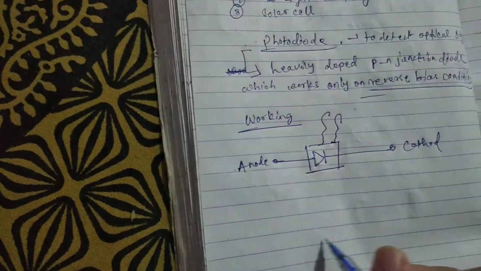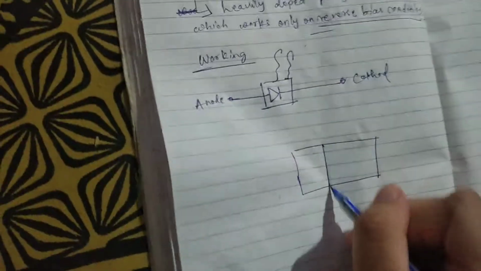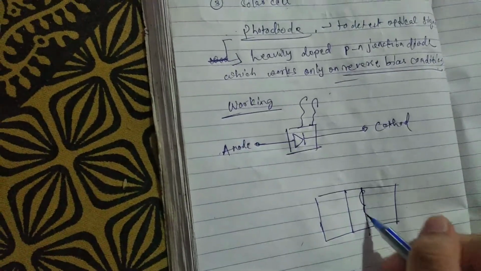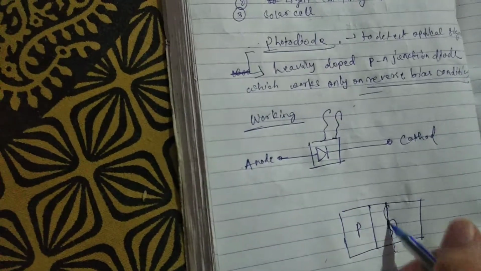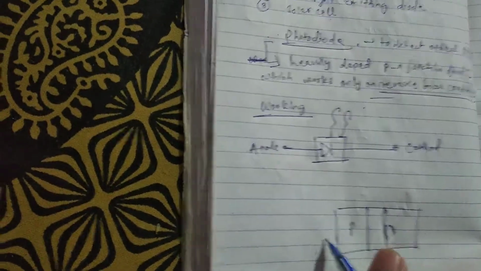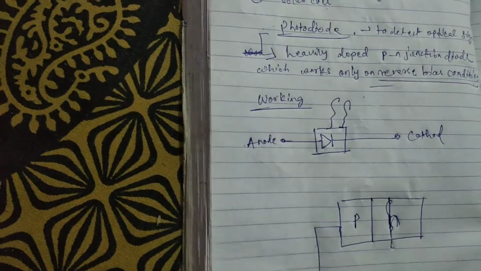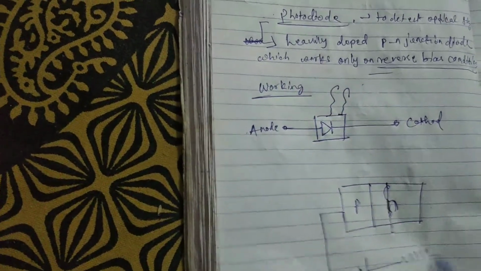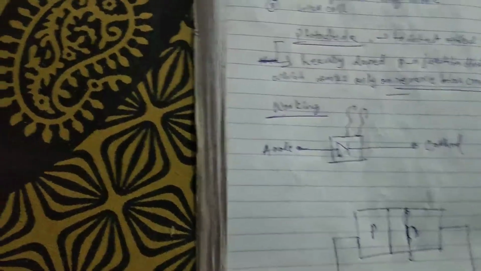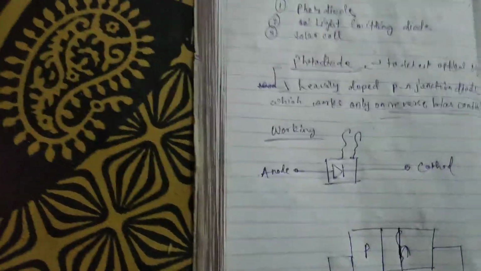Its circuit is, this is a PN junction, and since it is reverse biased, this is negative and this is positive, and here I connect a load resistor to detect the current. This is the circuit diagram and the circuit symbol of the photodiode.